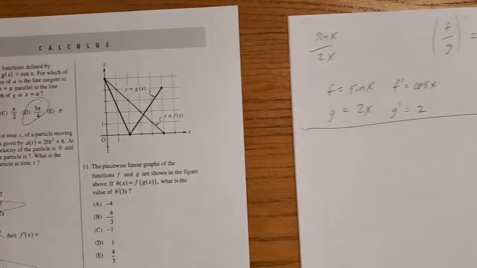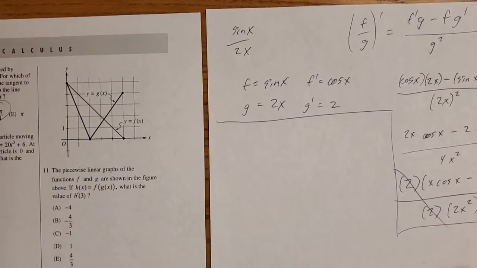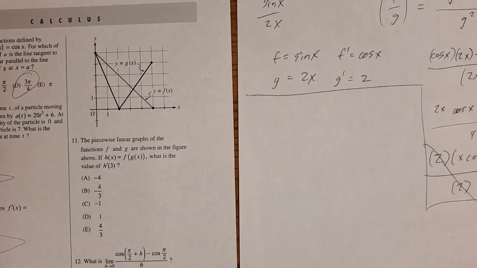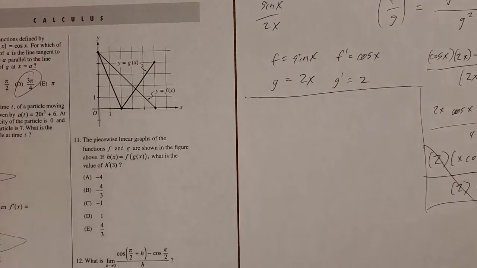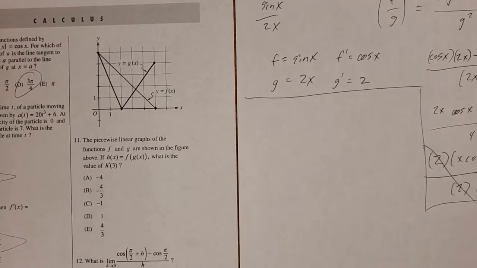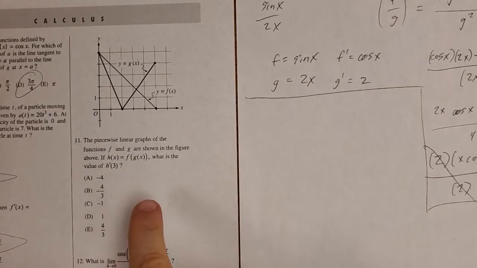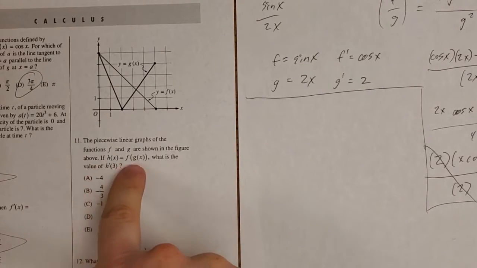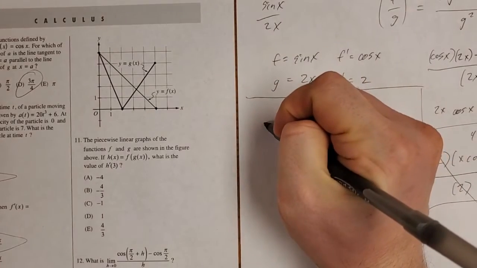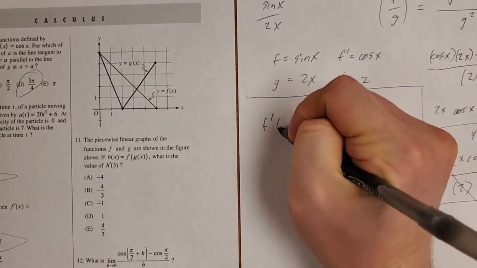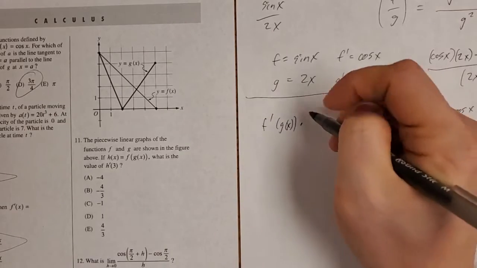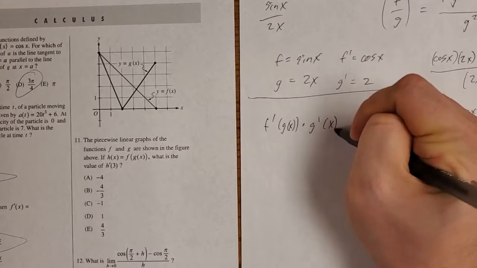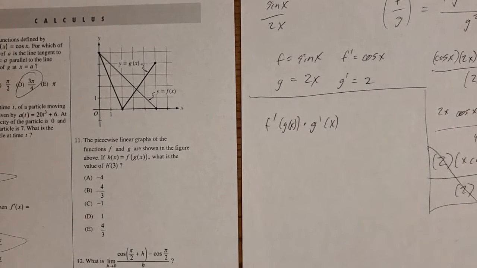So when we have a composite function and we need to take the derivative, that is called the chain rule. So the derivative of that function f of g equals the derivative of f composite with g multiplied by the derivative of g.